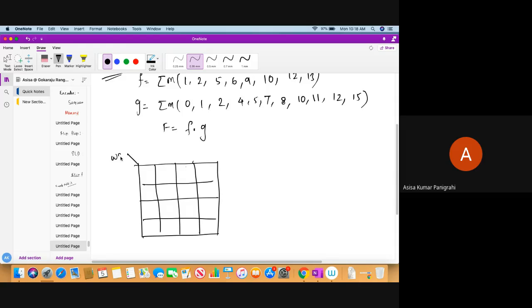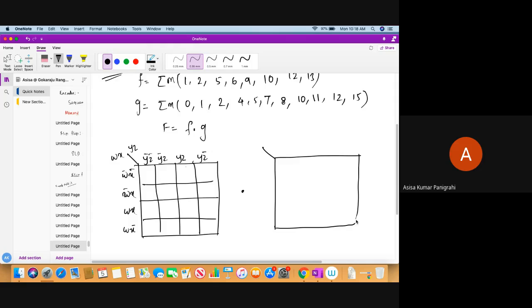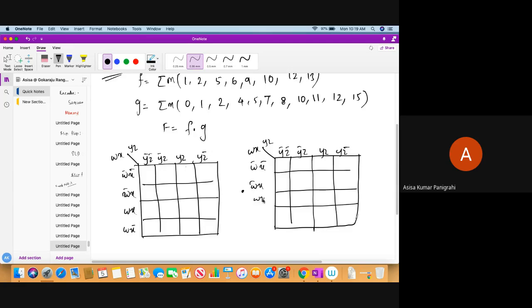That's why wx along one side and yz along the other. If you are not understanding, ask me. The columns are y bar z bar, y bar z, yz, yz bar, and the rows are w bar x bar, w bar x, wx, wx bar.